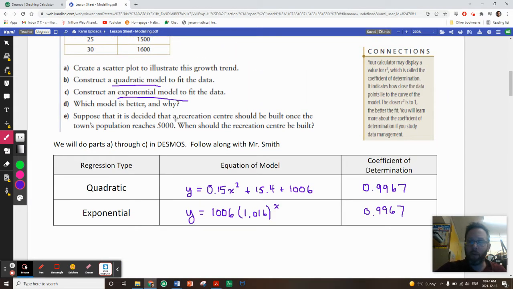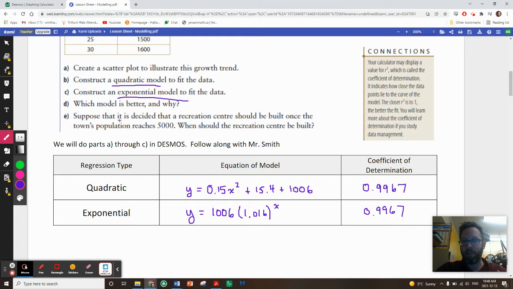Now that we've established the exponential model is ideal to use, in terms of planning the city and planning growth, infrastructure needs to be expanded when the population hits a certain amount. In Part E, we're talking about a recreation center, but this would apply for fire services, police services, libraries, schools, electricity, water, sewage, all kinds of stuff.